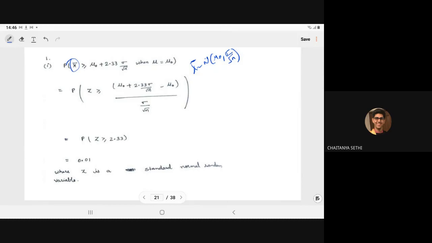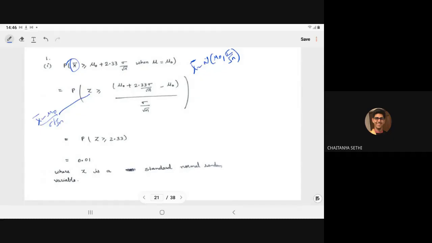So z is greater than or equal to mu naught plus 2.33 sigma upon root n, minus mu naught, upon sigma upon root n.